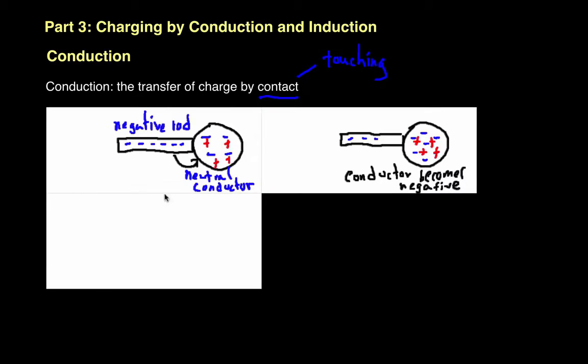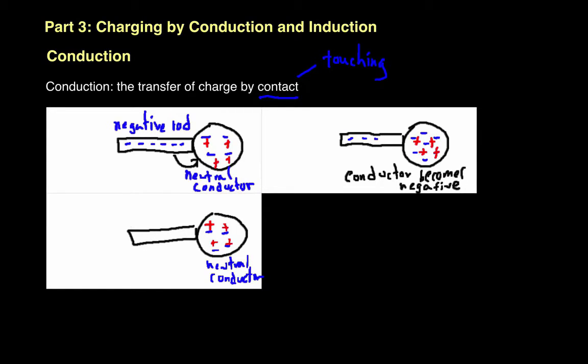If you want to charge a neutral conductor so that it's positively charged, here's again our neutral conductor. It has an equal amount of positives and negatives. You bring a positively charged object near enough to touch it.